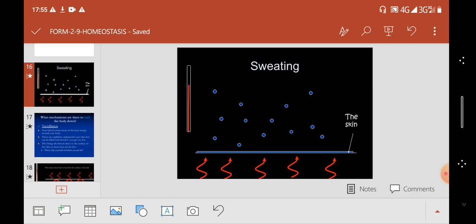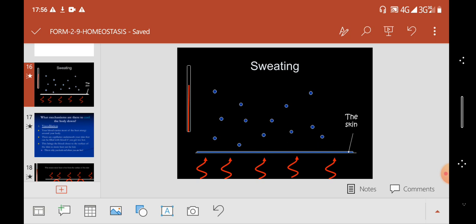So in this particular case, the most important thing to note is that sweat has to be made. Then you have to mention the sweat glands, and also the pores on the skin through which sweat evaporates must be open.